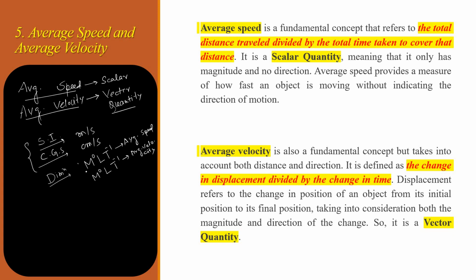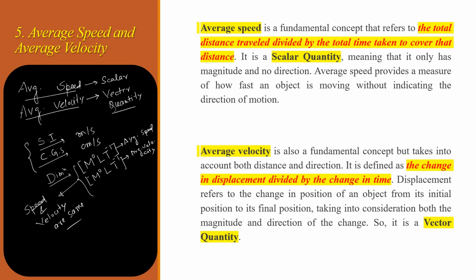Dimension is generally represented by a third bracket. So these are the dimensions of average speed and average velocity. You can say the dimension of speed or velocity, because the dimensions of speed and velocity are the same.